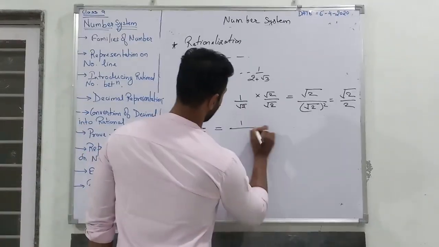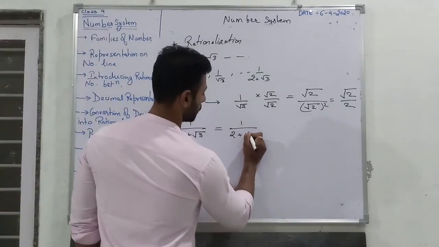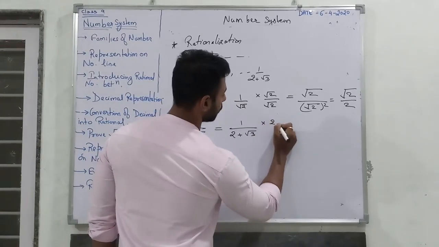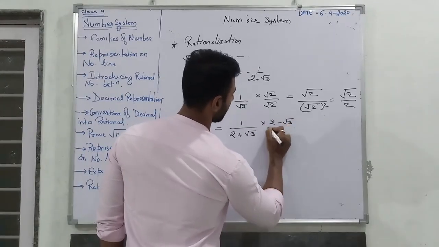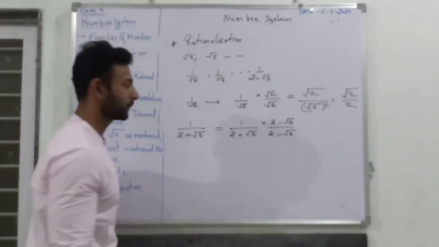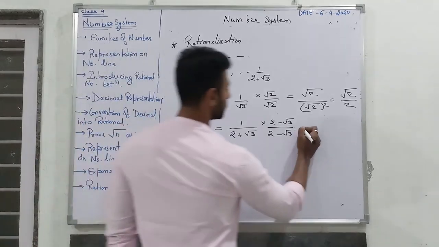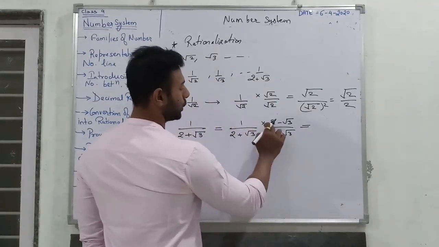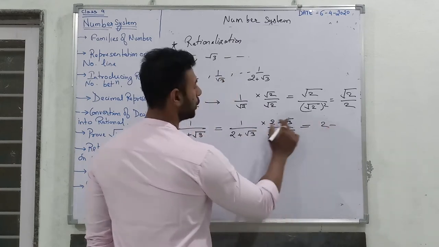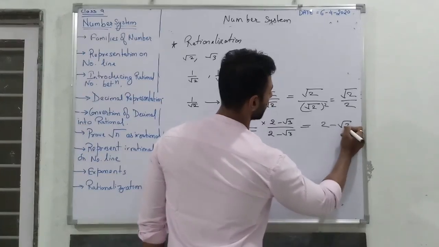So it will be 2 plus root 3. We have to change this sign, multiplying by 2 minus root 3 over 2 minus root 3. So this will be 1 into 2 will be 2, 1 into minus root 3 is minus root 3.